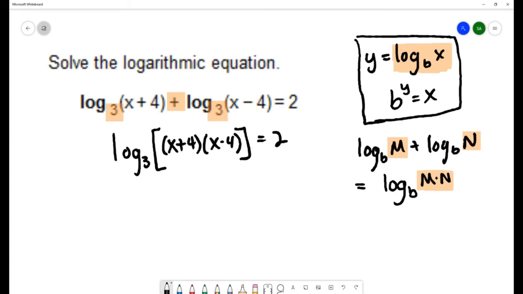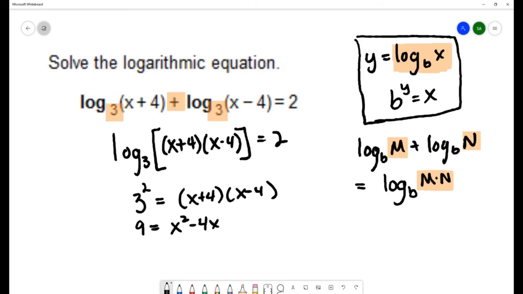Once we condense it down to a single log, we can convert it to an exponential equation. That would be 3 squared equals x plus 4 times x minus 4. 3 squared is 9. I'll multiply this out to get x squared minus 4x plus 4x minus 16.